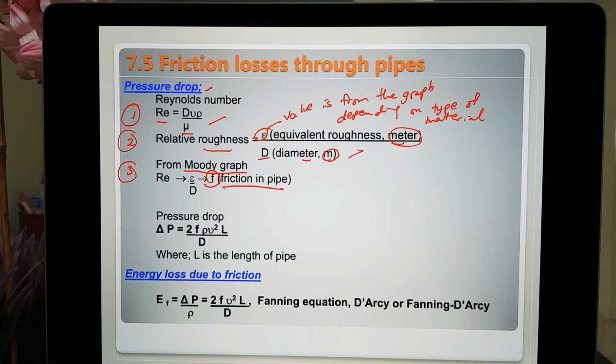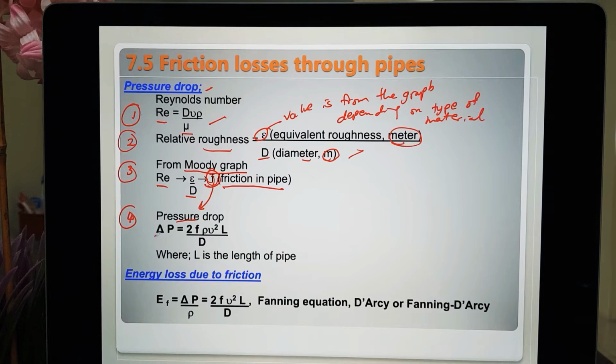And this particular F will need to be used for the equation of pressure drop. How do we get the value for friction pipe? By having the intercept point between the Reynolds value as well as the relative roughness of the piping. From there, you will get the value for F, and this value of F will be used to calculate the pressure drop.